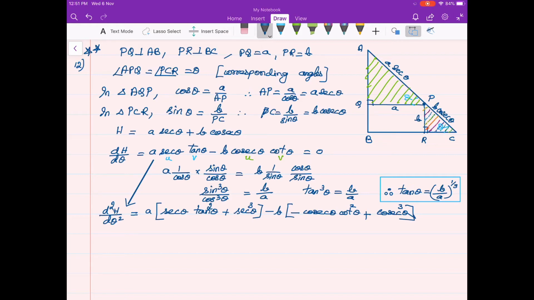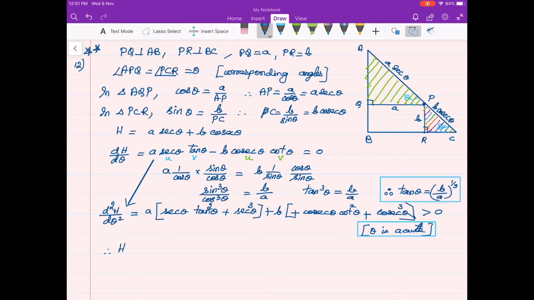We will remove the minus sign, therefore this middle sign becomes positive, and I can say that this expression is greater than 0. Write the reason, because theta is an acute angle. Therefore, all trigonometric ratios are positive. It is a first quadrant angle, and we have plus sign throughout, therefore it is greater than 0.